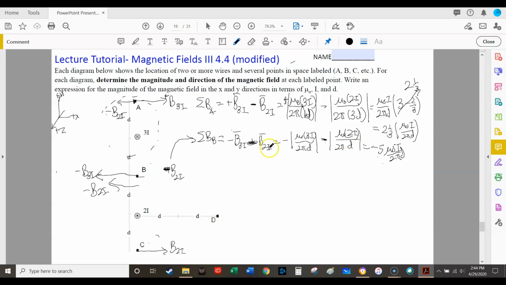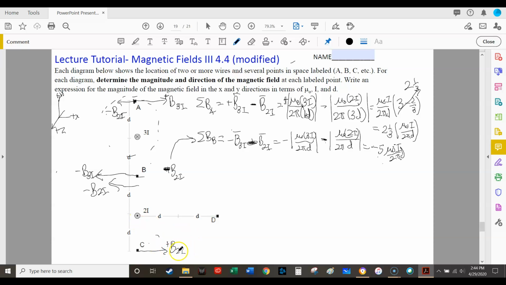They should have been additive because they were both pointed in the same direction. I made a mistake applying the right-hand rule for the 2I wire. I'm correct on the 3I wire, though.